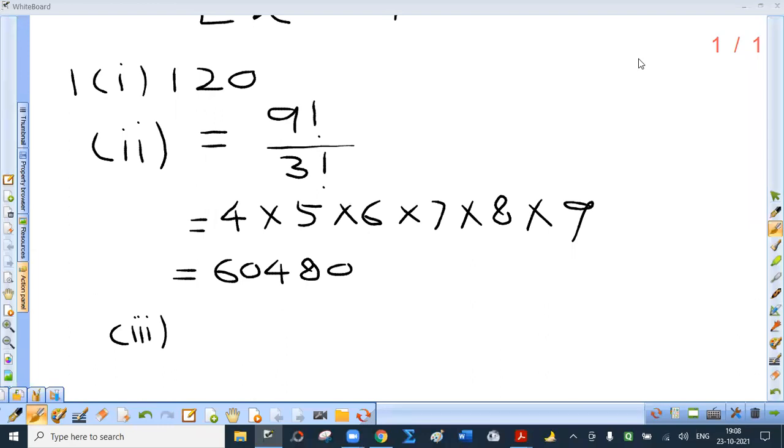Third one. There are 9 letters in the word represent, which include R, capital R twice, E, capital E thrice, and the rest are all different.